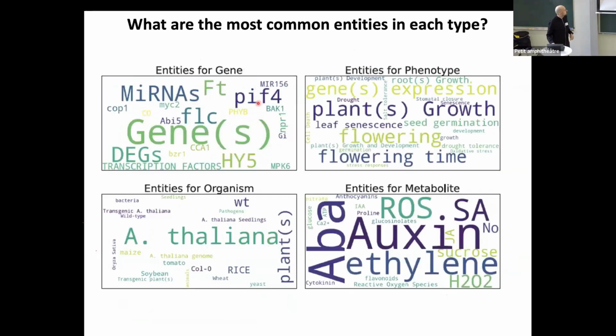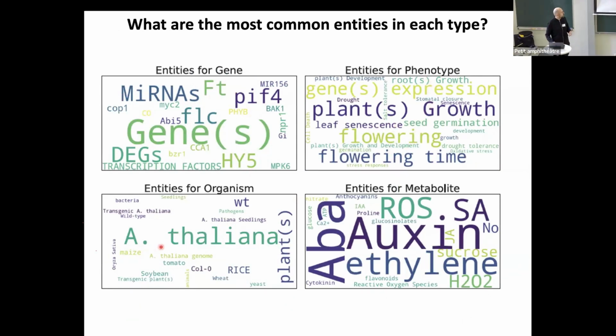So for each of the different entity types, for example, for gene, the most common entity was just genes, because people just write those genes show this phenotype. But we also see something more specific such as HY5, MYB, PIF4, and so on. For phenotypes, plant growth is the most reported phenotype, then flowering, root growth, and expression.